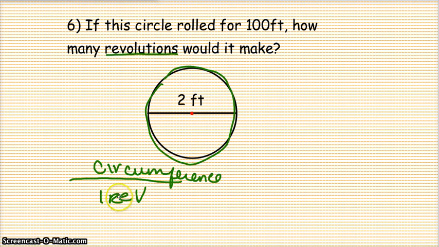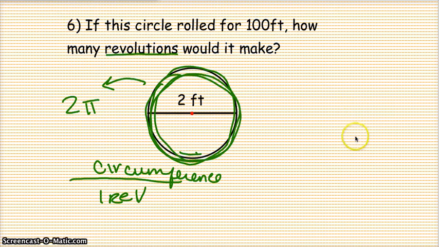All the way around once, one revolution is its circumference. So the revolution of this particular circle is 2 pi. But I'm asking if it's rolled for 100 feet. So roll this circle, how many times could you roll it and have it go a distance of 100 feet?